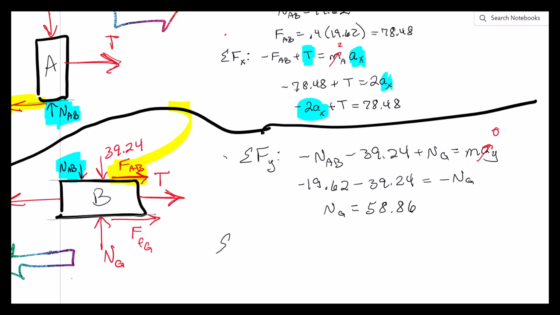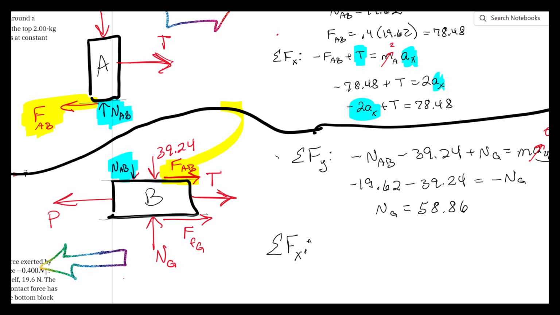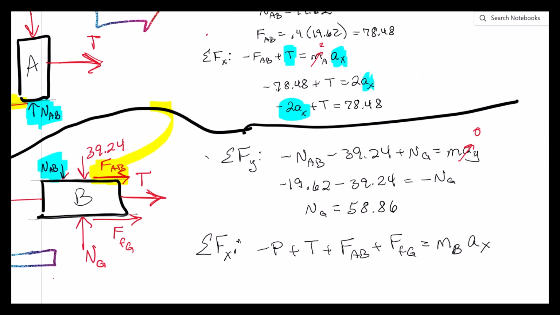Now, if I look at the sum of the forces in the x direction, I'm just going to do it the normal way. So I have minus P plus T plus F_AB plus F_FG equals mass of B times the acceleration in the x direction.